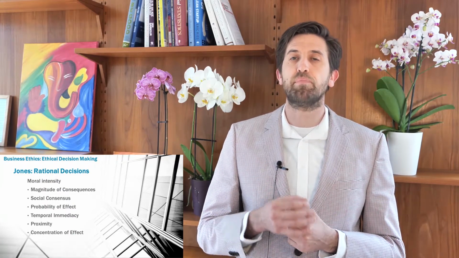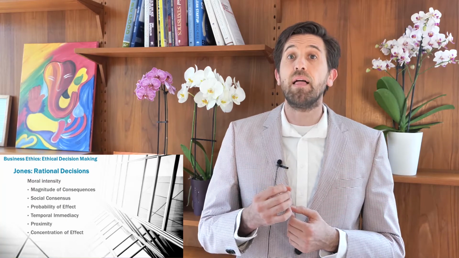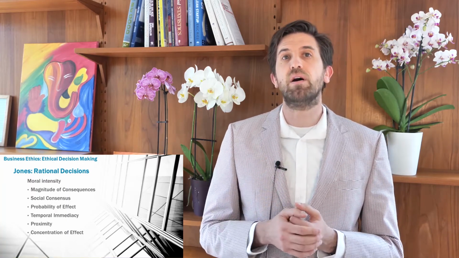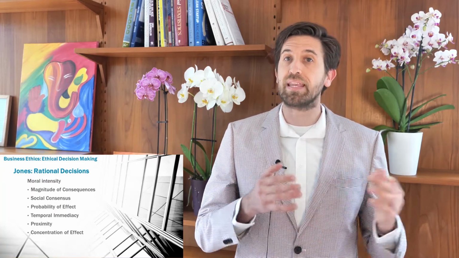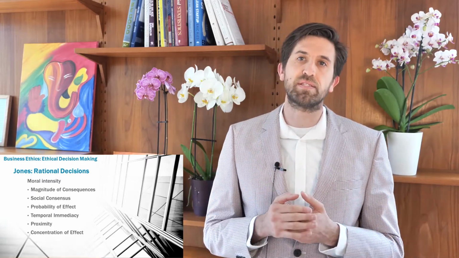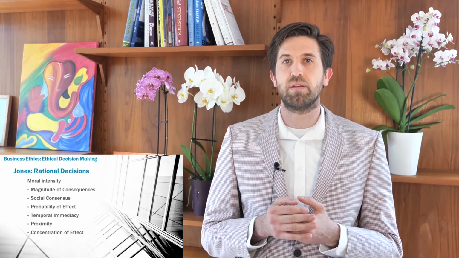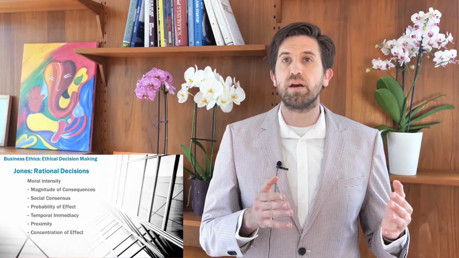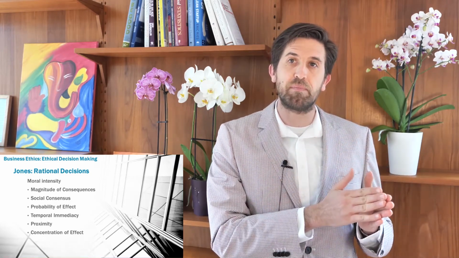Next, we talk about the temporal immediacy. The temporal immediacy of the moral issue is the length of time between the present and the onset of the consequences of the moral act in question, where a short length of time implies greater immediacy.